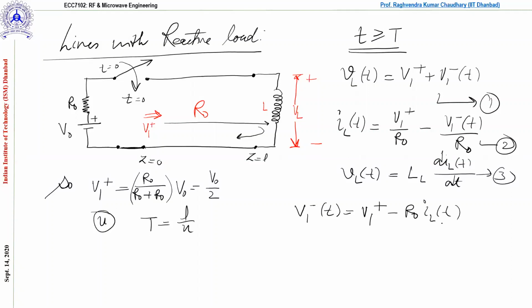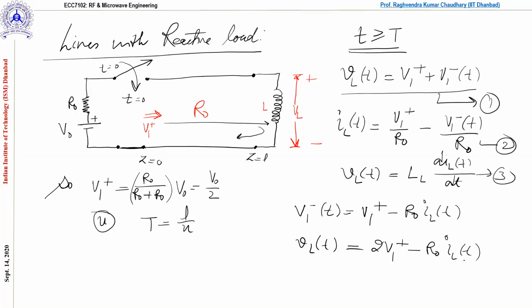Can we do this? Yes, because we have this relation for V1, VL and IL. And the other thing we can write down is that VL as a function of time is equal to 2V1 plus minus R0 IL as a function of time.